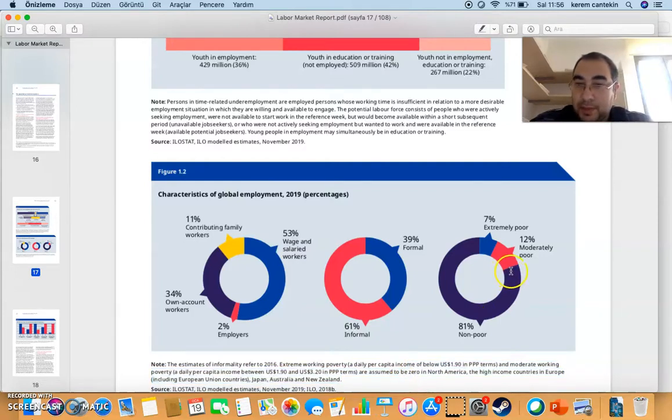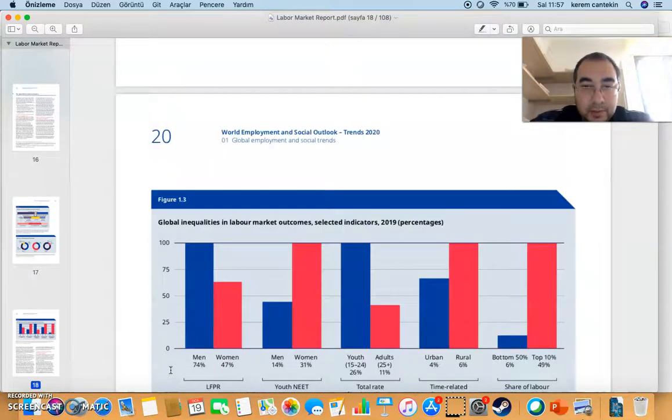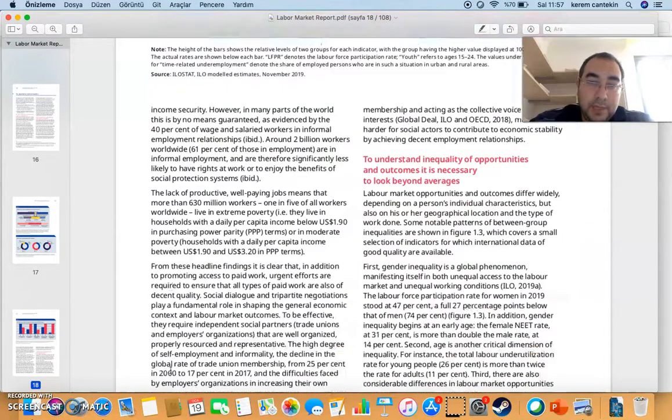The non-poor people are just the people who are earning more than $3.2 in PPP terms. I mean, you might think about what that amount of US dollars can buy in the United States. And that's, I believe, daily income. Yes, daily income. Okay, I passed this one.